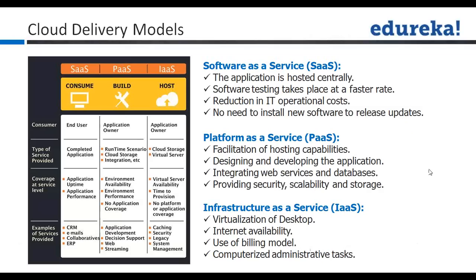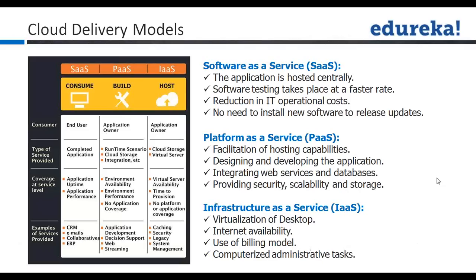Okay. So moving ahead, as we saw about SaaS, PaaS, and IaaS. SaaS is more for the end user part. So the end user would be somebody accessing an email service directly, or using the SCM part over there. PaaS is more for application owners who want to develop applications. IaaS is again for application owners who want to host the application.